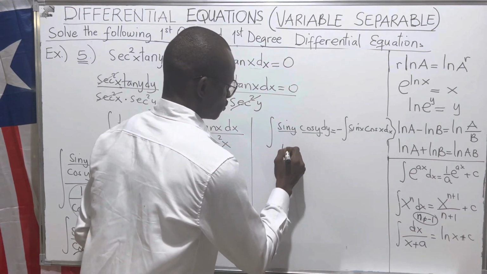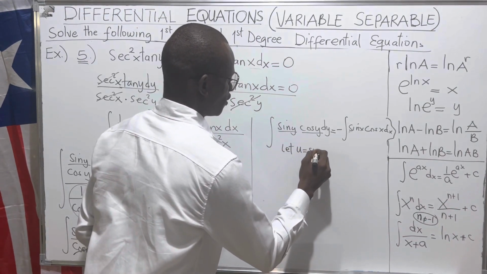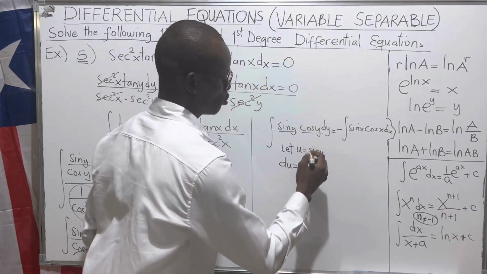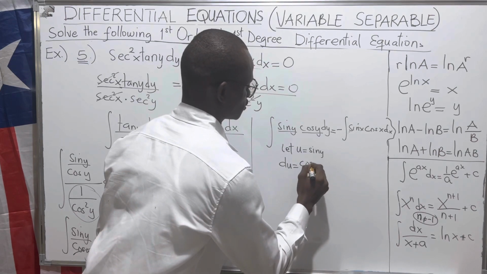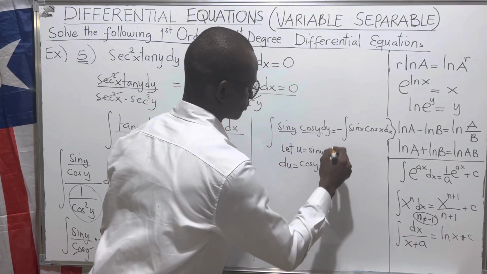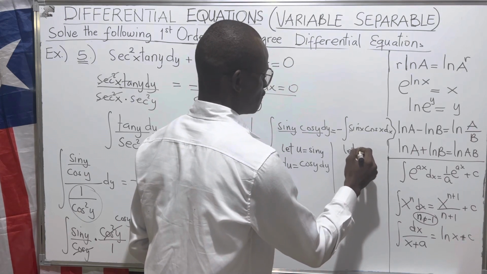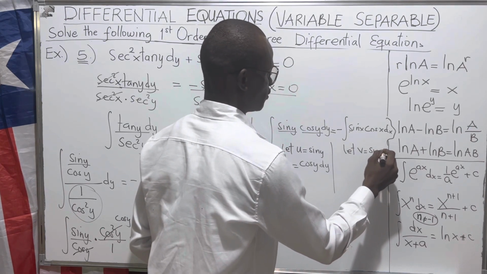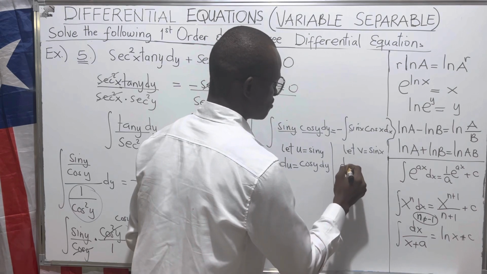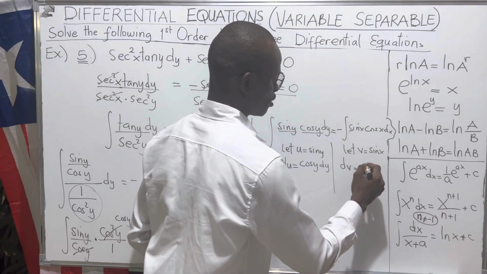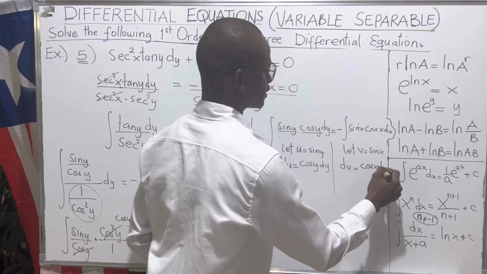So we just say, let u equal sine of y. So du now is equal to what? Cos of y dy. On this side, we say let v equal sine of x. So the derivative of v now, which is dv, equals to what? The derivative of sine is just cos of x dx.